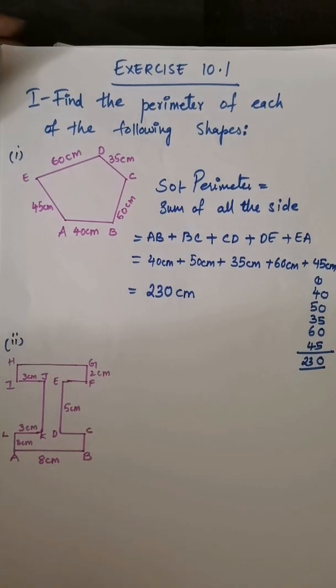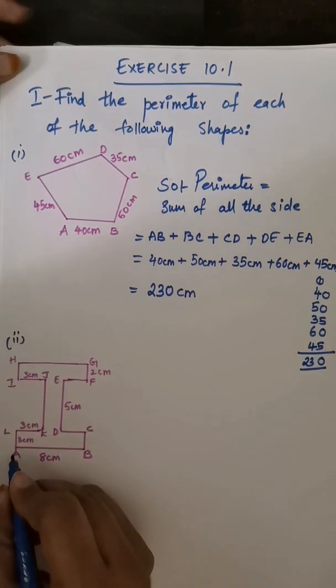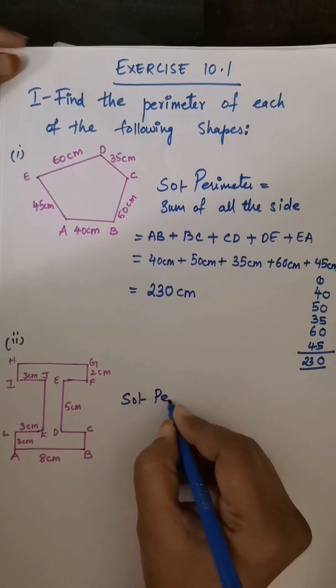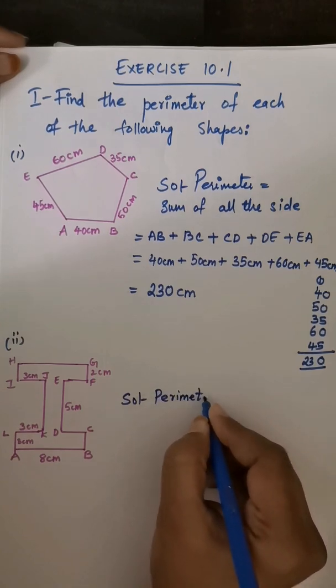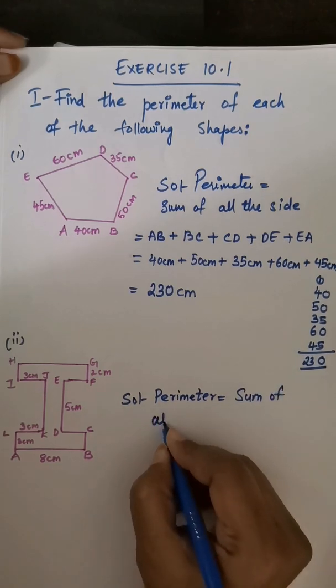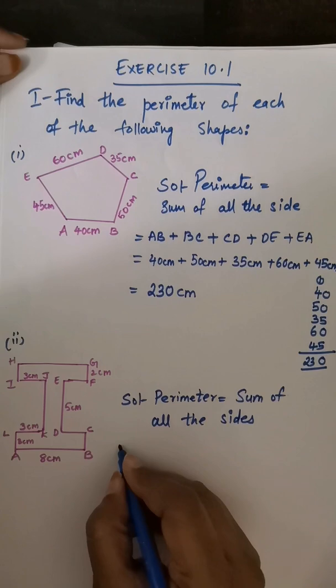Now it is a shape of capital I. Let's start from this point. So what have we learnt? How to find a perimeter? Perimeter is equal to the sum of all the sides.